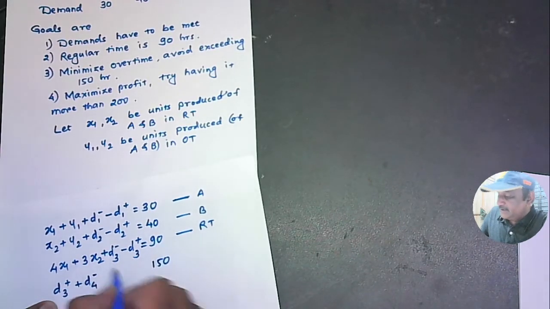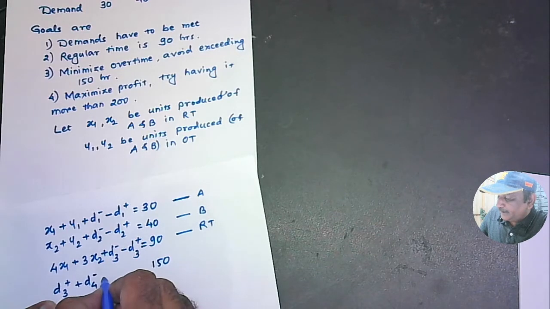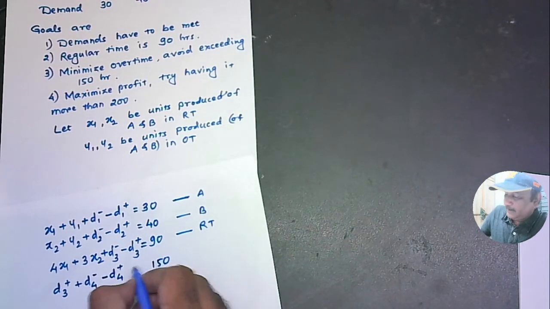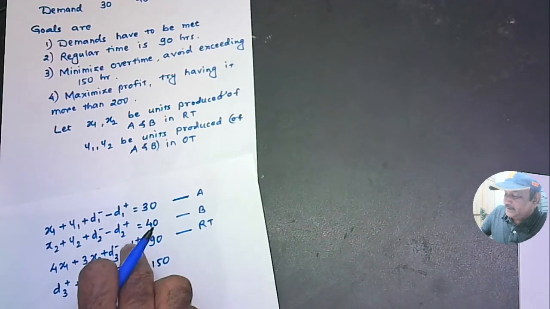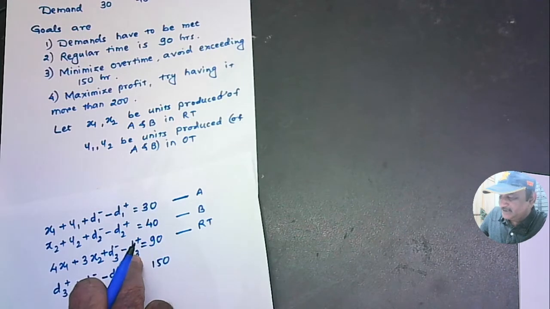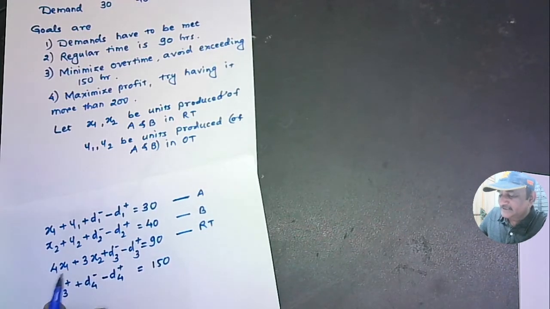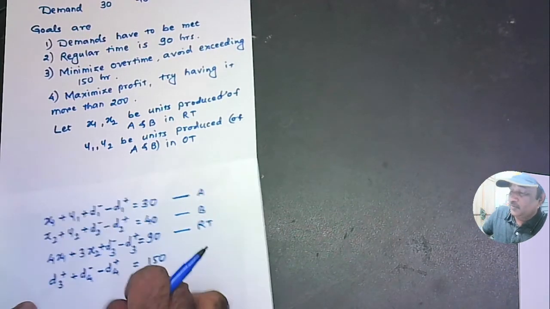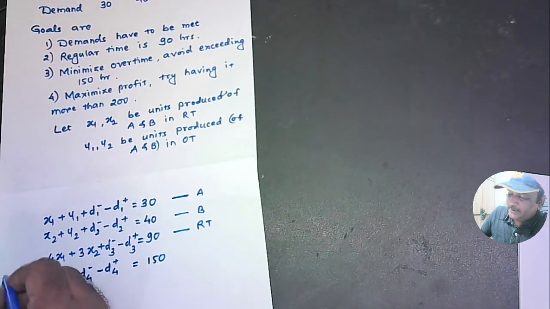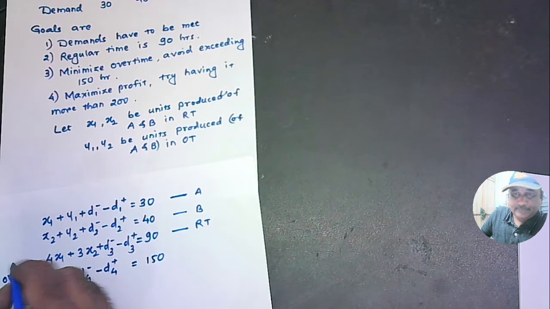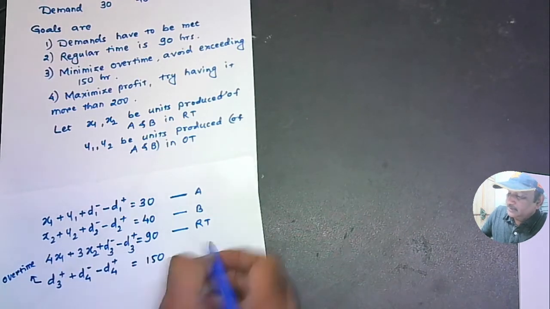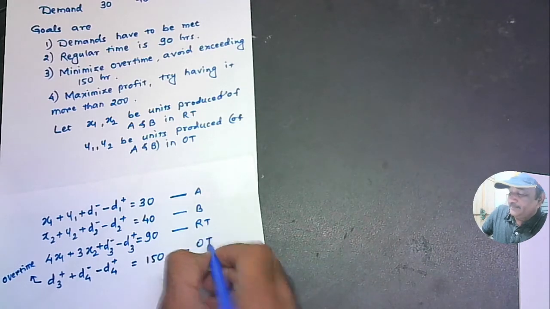And if it is greater than 150, then it will be greater by d4 plus extent. Here I have identified d3 plus as overtime, and I have utilized that to write the goal for overtime. So this is a goal on overtime.